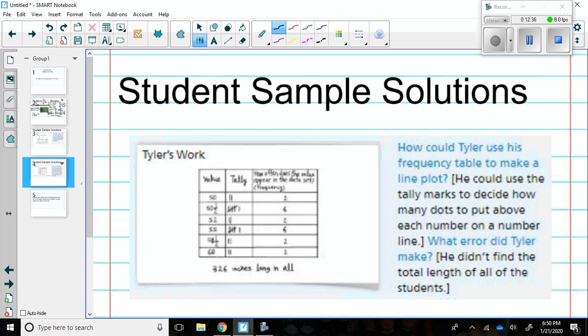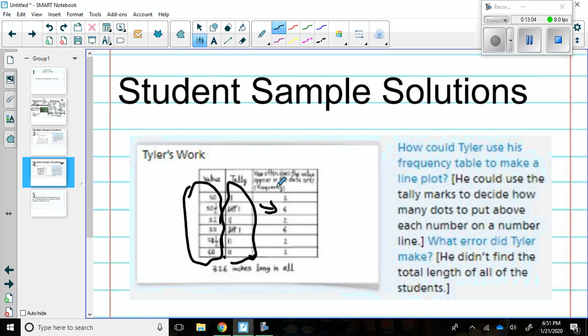Next, we had Tyler's work. Tyler did his differently. He did his in a frequency table. As you can see, first he wrote down each one of the measurements in this column, and then he used tally marks for students instead of using a line plot. He used tally marks to mark how many students were of each one of those measurements, and then he wrote the numerical total.